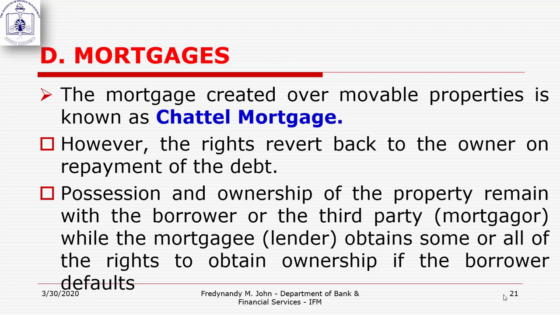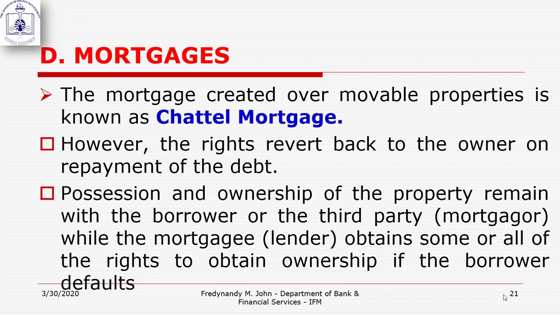When we talk of landed property, for example a plot or a building, those are immovable property. You cannot move them, so you simply transfer your rights, that is, you give the document of title to the lender.